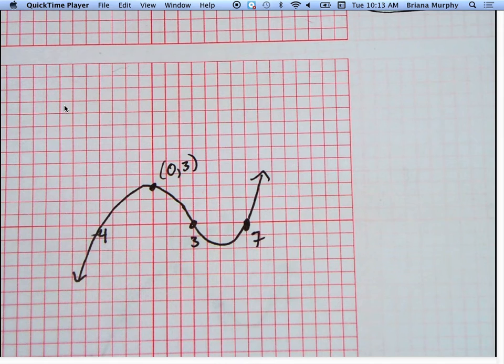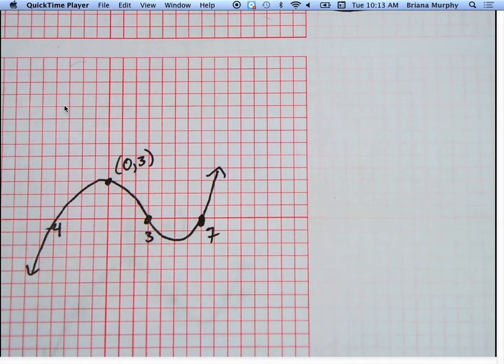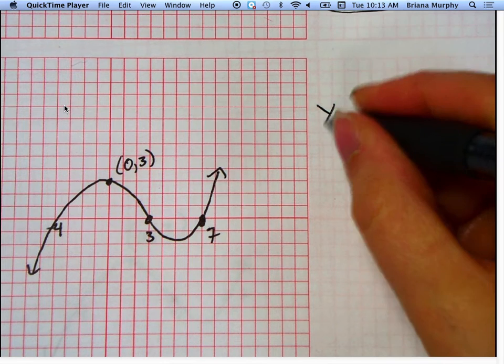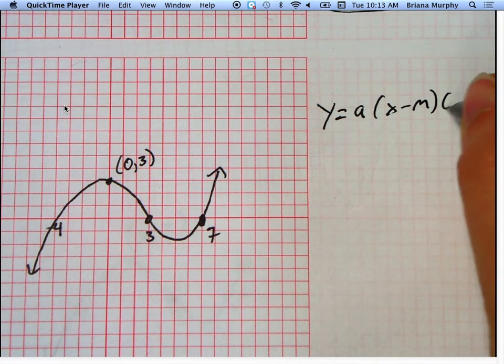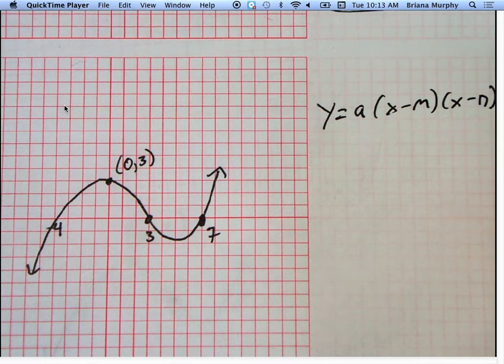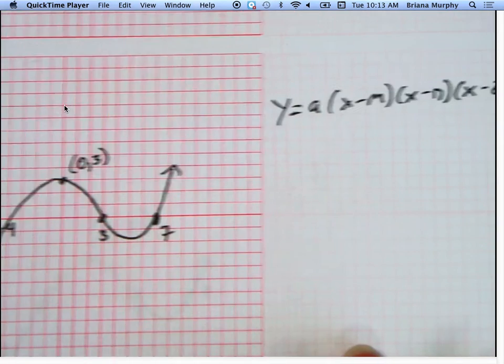Okay. While you're copying this down, I am just going to write down the general form. So I'm just going to say y equals a times (x minus m) times (x minus n) times (x minus z).